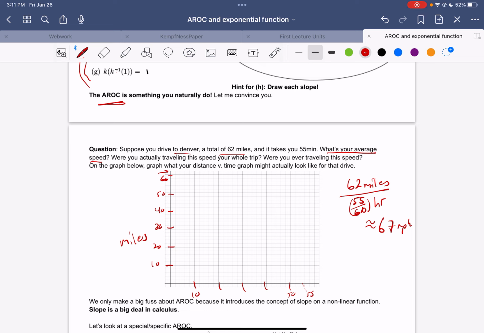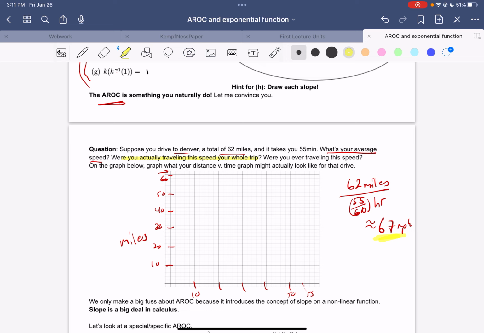Okay, and now, were you ever actually traveling this speed your whole trip? No, you weren't traveling that speed your whole trip, right? You had to get in your car, and maybe you get on Mulberry, and you're doing 35 to 55, depending where you're at, and there's some stop signs, and then you get on I-25, and maybe if you don't hit traffic at all the entire drive, then maybe you did that, but in reality, this is your average, and you were going slower when you were in town, and probably slower when you get to your destination.